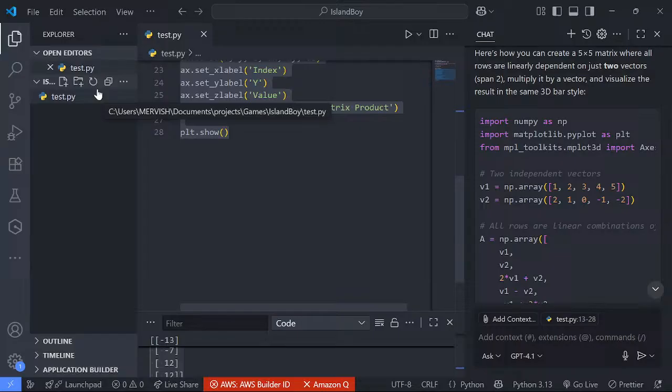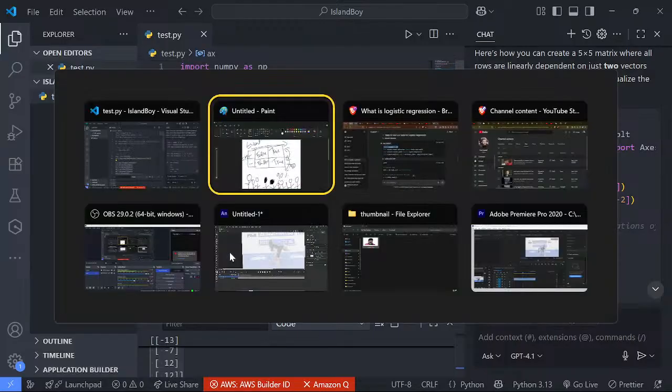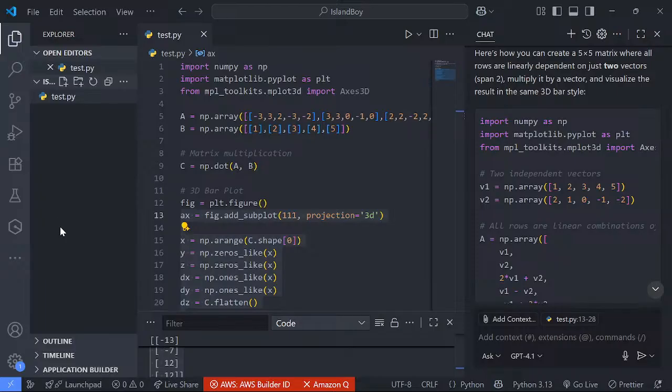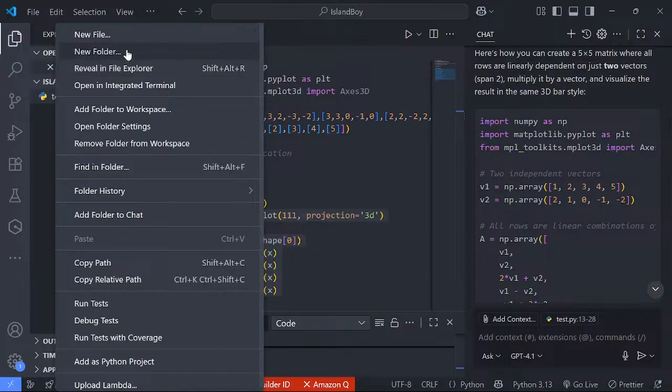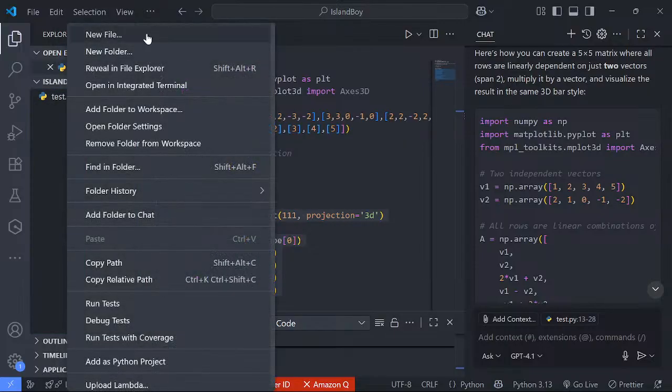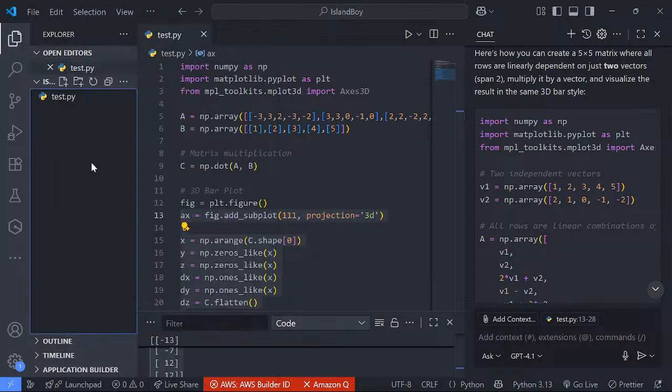Oh, why did I do that? No, I need to import. New file.